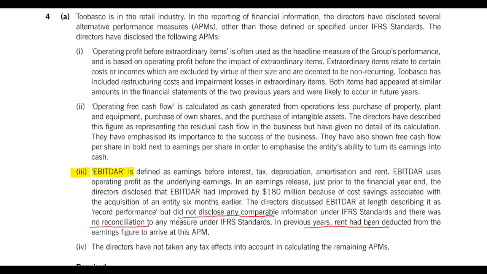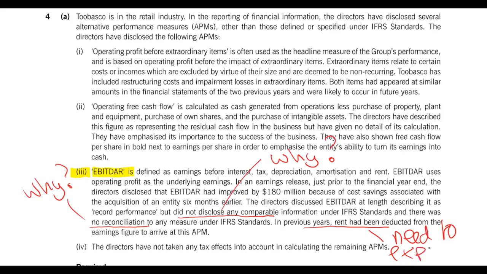There are my 3 points. Why do we not disclose any comparable? It's not fair. Why is there no reconciliation? That does not give a fair presentation. If we have changed the way that we've calculated EBITDA, then there is a need to explain. Otherwise, it is not a fair presentation.